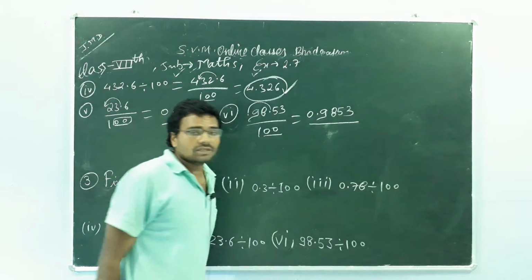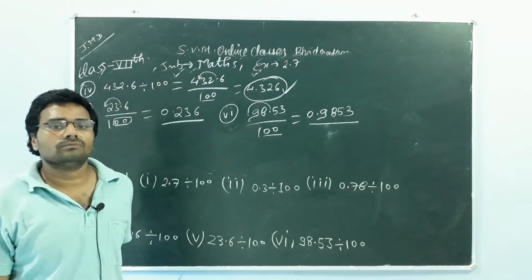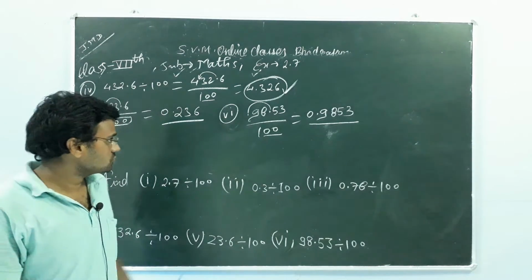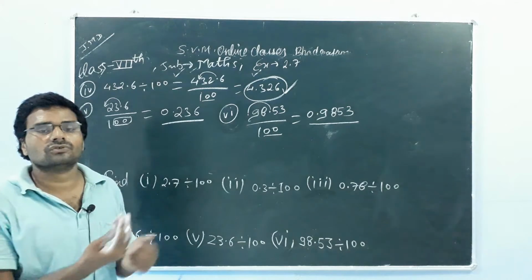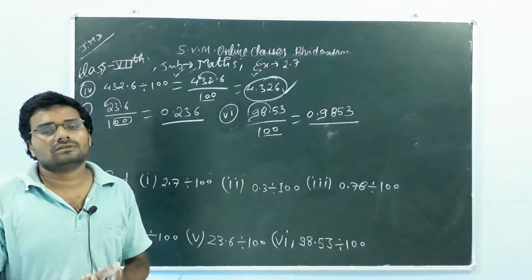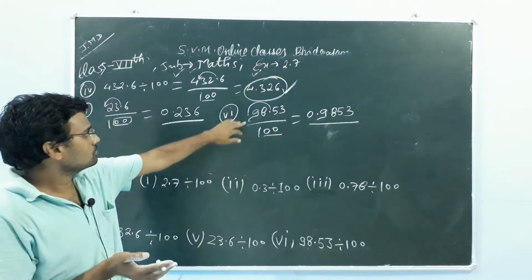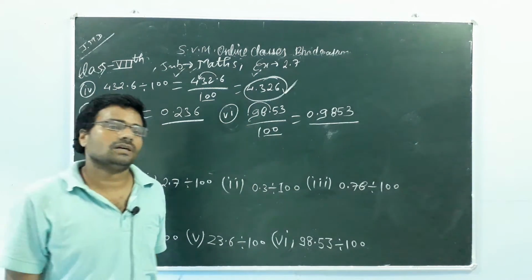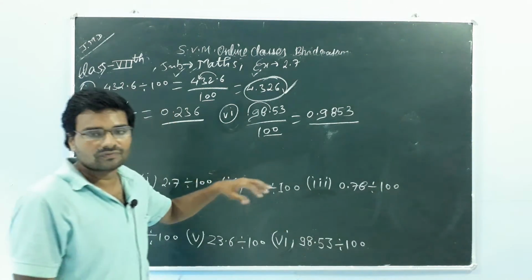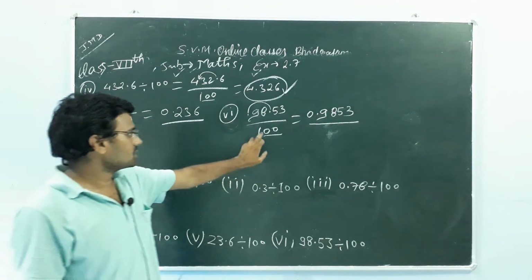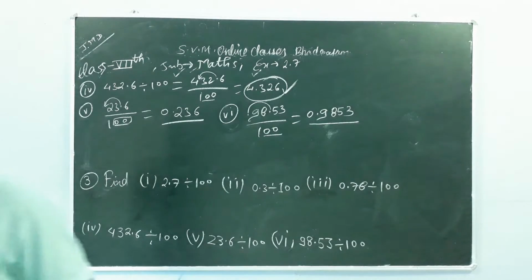The concept of moving the decimal point is so important that this whole exercise is based on this one concept only, the moving of the decimal point according to the number of zeros in the number given in our denominator. I hope now you are getting it very clearly.